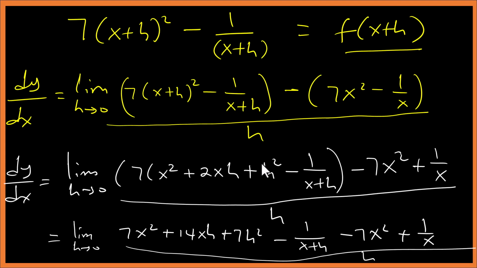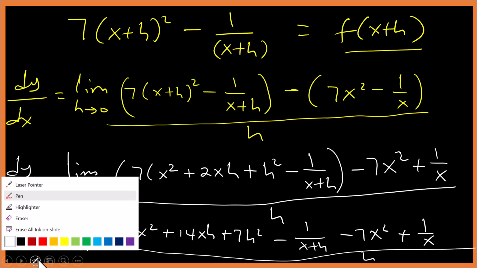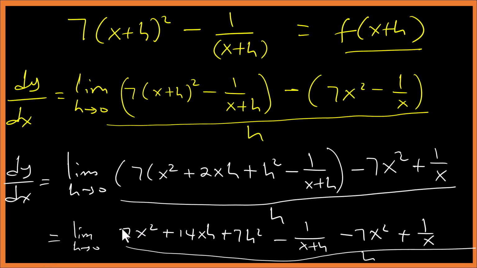All right, now let's look at the numerator. If we can cancel something out, yes, the 7x squared cancels.